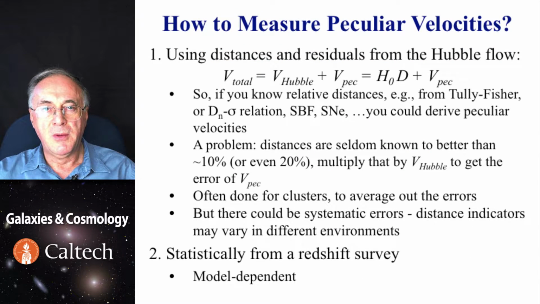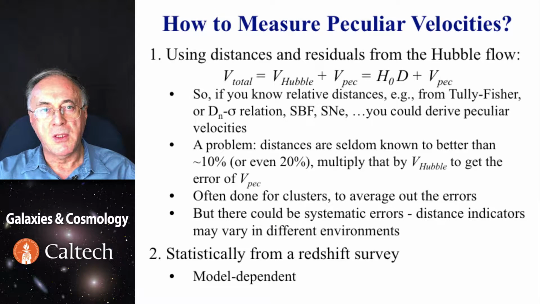So we have a simple equation that relates total observed velocity, the distance to the galaxy, the Hubble constant, and its peculiar velocity. We can easily measure a total velocity, that's the redshift. We can ostensibly measure the Hubble constant. But then the tricky part is the distances.